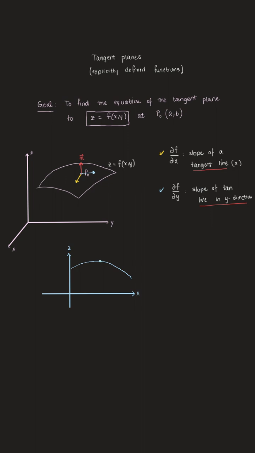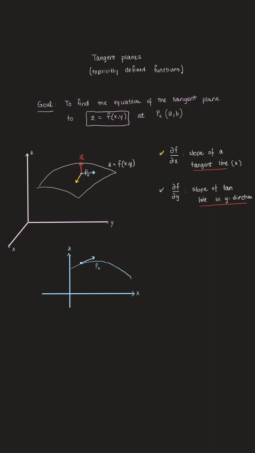And at P naught, we would like the tangent vector. Maybe it looks like that. That looks very horizontal. I didn't want to make it horizontal, so I'll change the location of the point so it doesn't look like a flat tangent line. Maybe over here. There we go. We would like that vector, right?